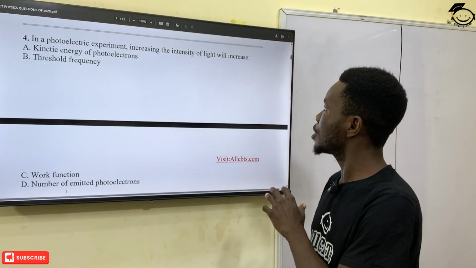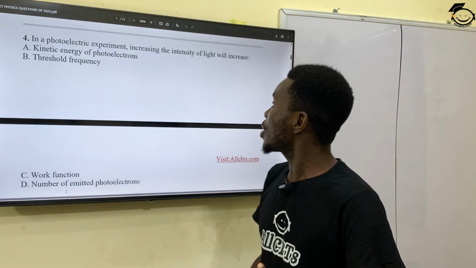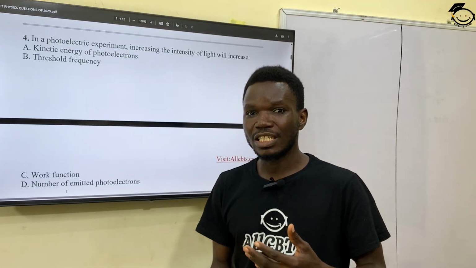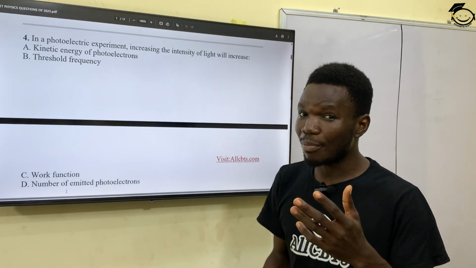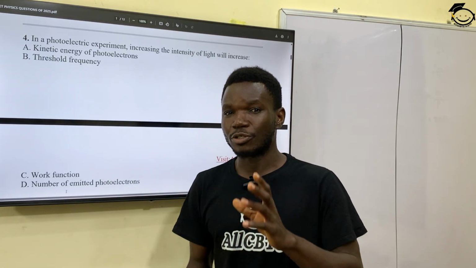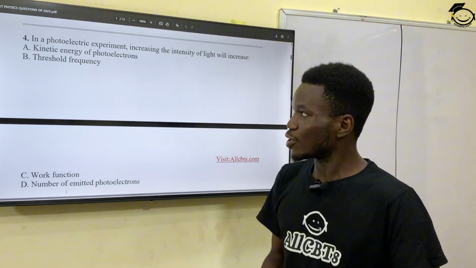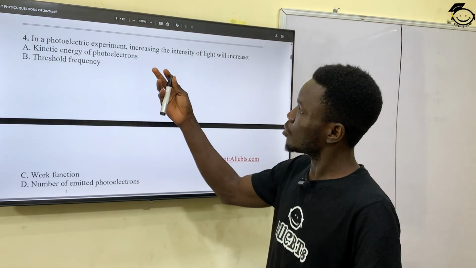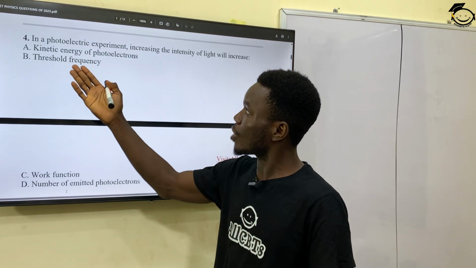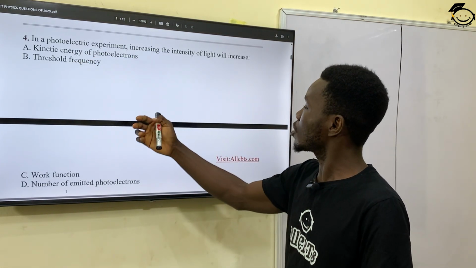So moving on to question number 4, it says that in a photoelectric experiment, increasing the intensity of light will increase what? Now, when you increase the intensity, it increases the number of photons hitting the metal. And when the number of photons hitting the metal increases, we automatically have an increase in photoelectrons. Option A says increased kinetic energy of the photoelectrons, which is wrong.